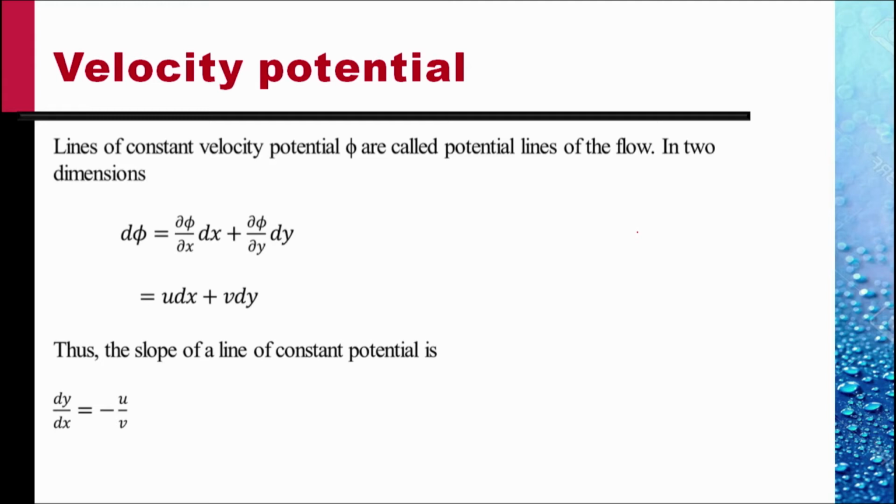And recognizing that del phi by del x is u and del phi by del y is v, we get d phi is equal to u dx plus v dy. Thus, the slope of a line of constant potential is dy by dx is equal to minus u by v, the negative of the x component of velocity divided by the y component of velocity.